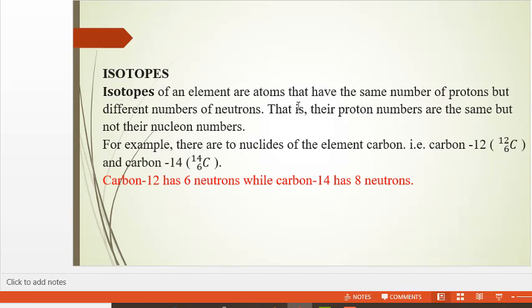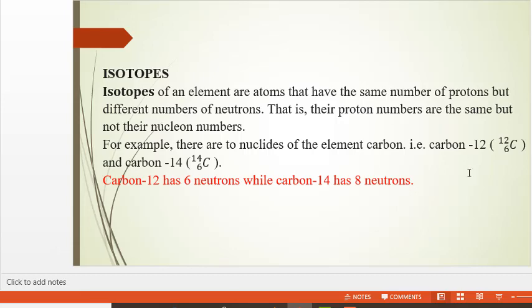So that's the point emphasized here. Isotopes of an element are atoms that have the same number of protons but different numbers of neutrons, and this difference is what makes the mass numbers different. That is to say their proton numbers are the same but not their nucleon numbers, meaning not their mass numbers.